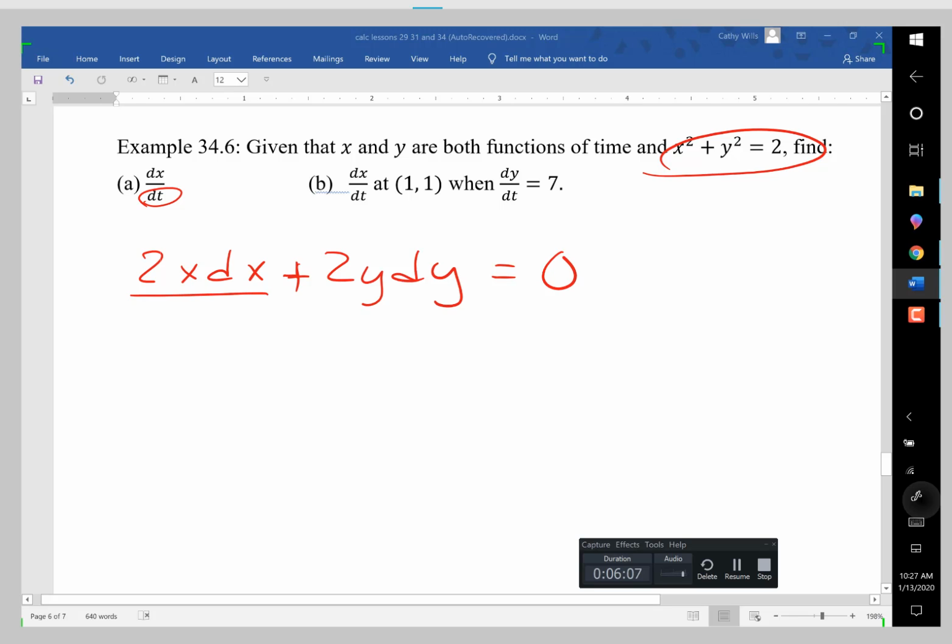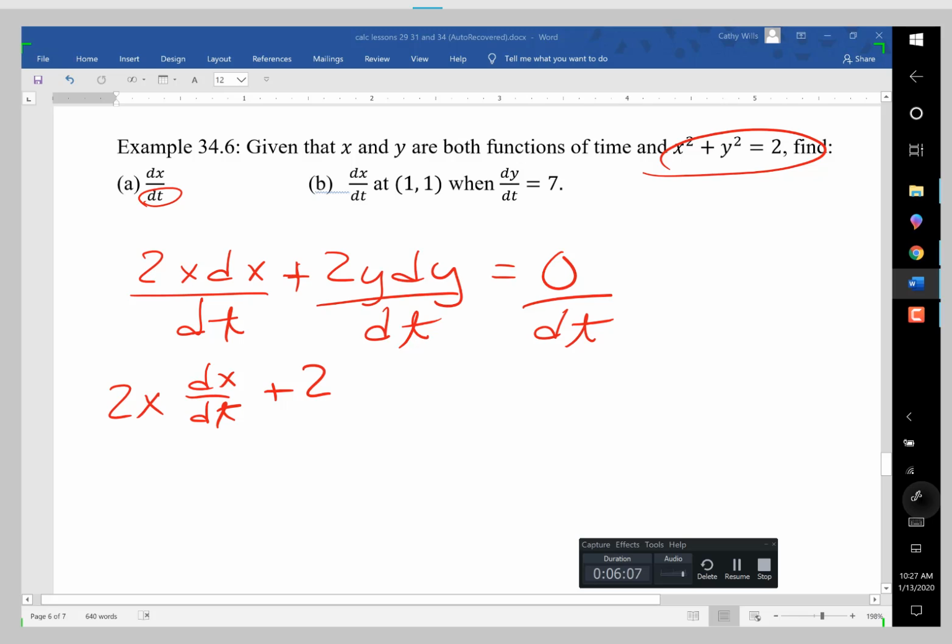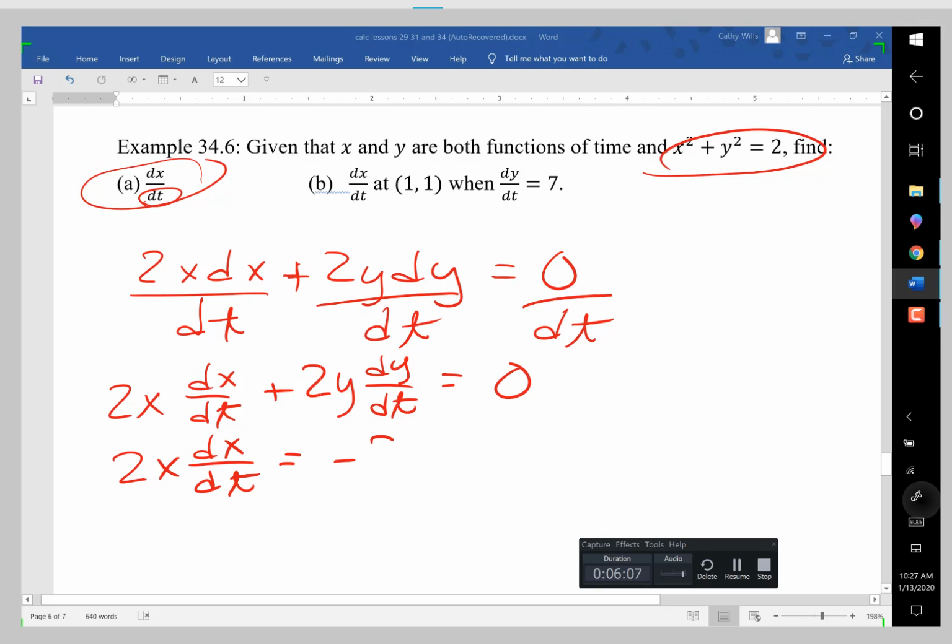And then we divide everything by dt. And so we have 2x dx/dt plus 2y dy/dt equals 0. And now we're going to solve for dx/dt. So we will subtract, so we'll have 2x dx/dt equals negative 2y dy/dt.